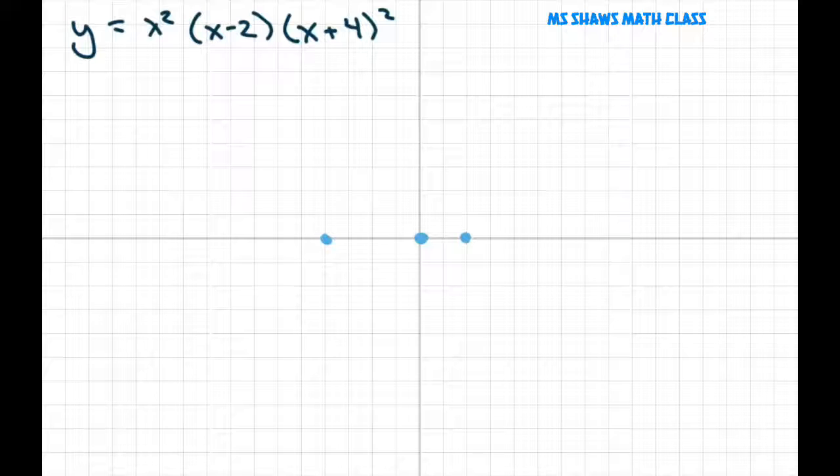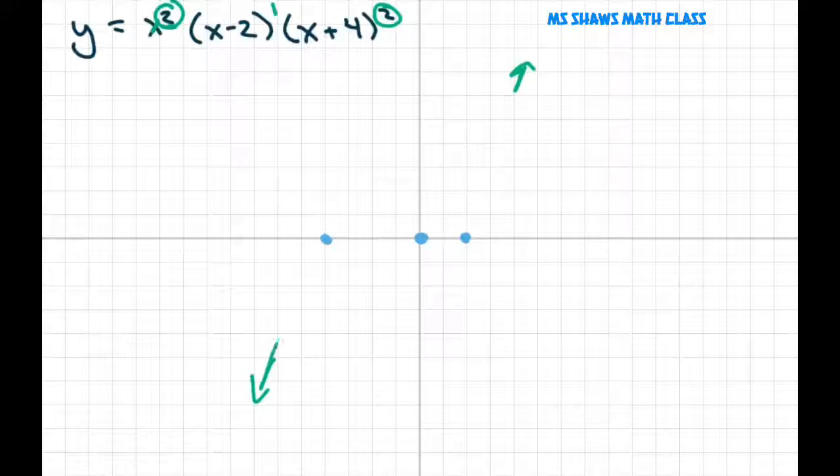So we know we're starting in quadrant 3 and we're ending in quadrant 1. Also, if you have an even number here, that means it's going to touch the x-axis, but it's not going to cross. If it's an odd number, it can cross.